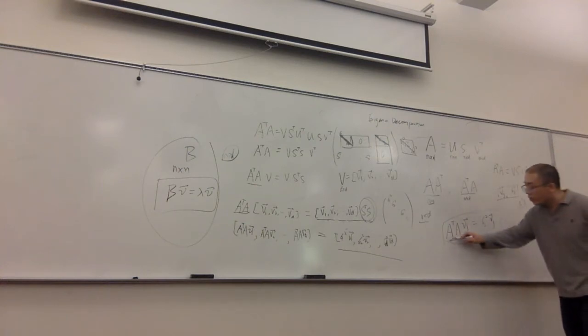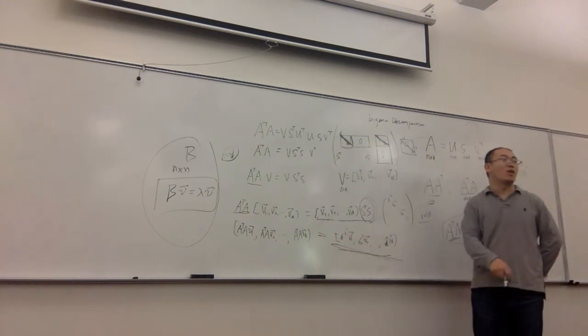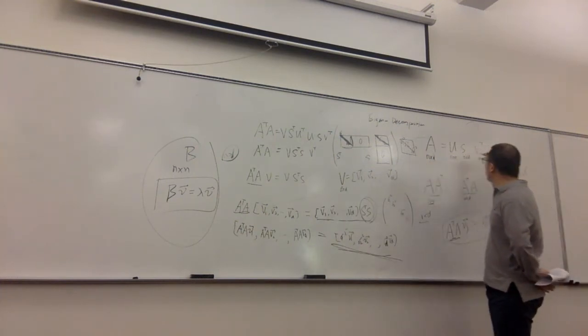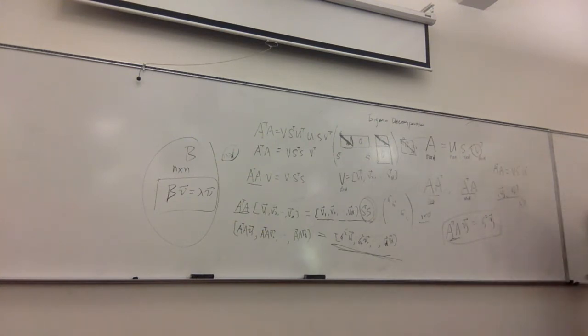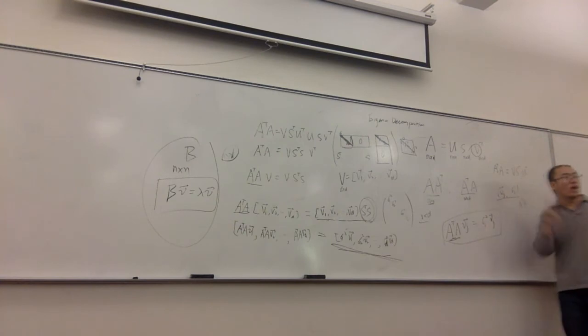And then the next question is how many such pairs of eigenvectors and eigenvalues do we have for A transpose A? J is some arbitrary index I can choose. So you can count the columns here. How many columns do we have? D, right? Because the right singular vectors are in total D. We have a D by D orthogonal matrix V, where each column is a right singular vector.